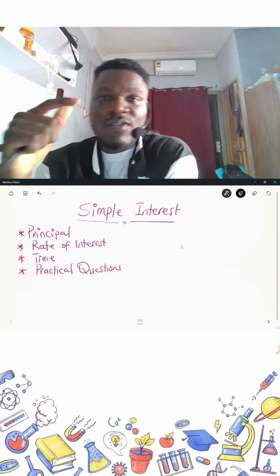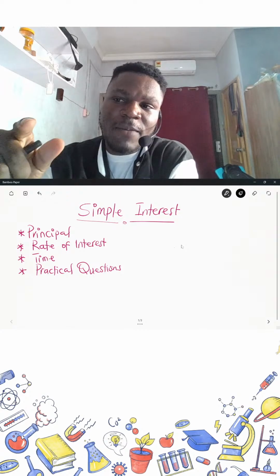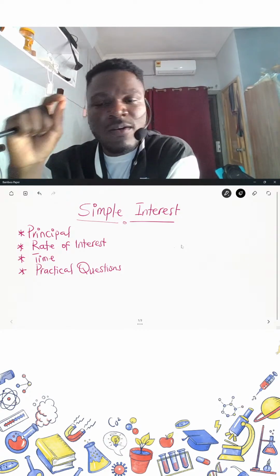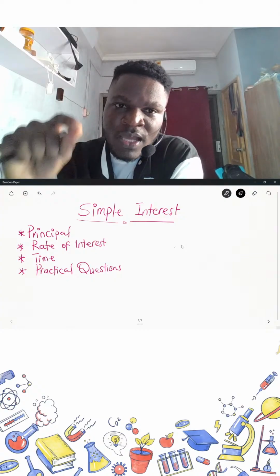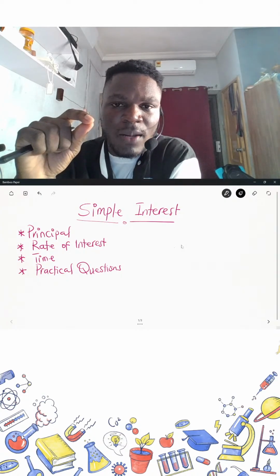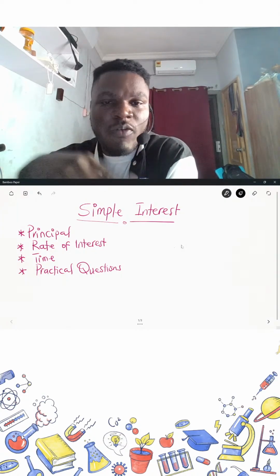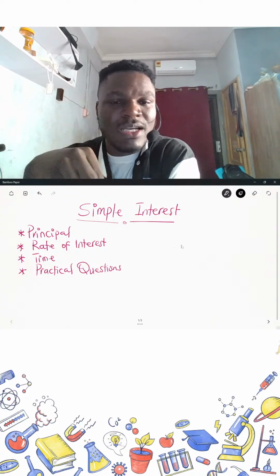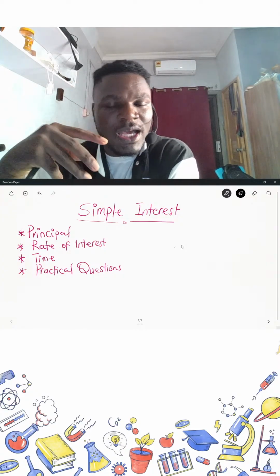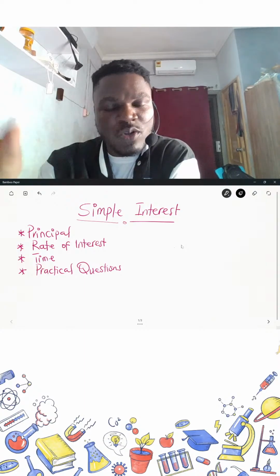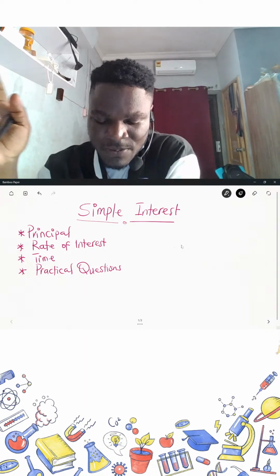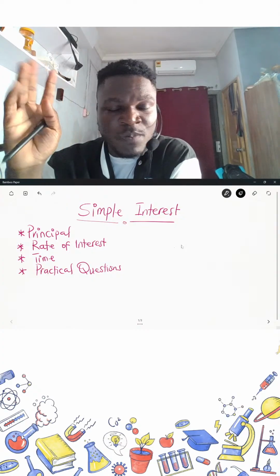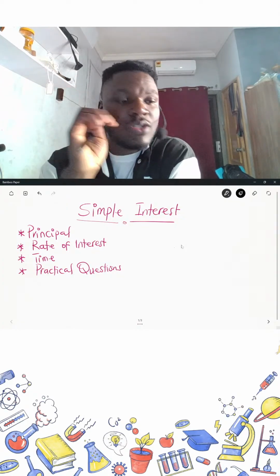These people will give you the money, but they will give you certain conditions and a timeline for paying it back, and all those form part of what we call simple interest, because the interest will be calculated on the money you have borrowed. At the end of the day, you pay the amount you borrowed plus the interest. There are many ways these organizations calculate interest on your money.